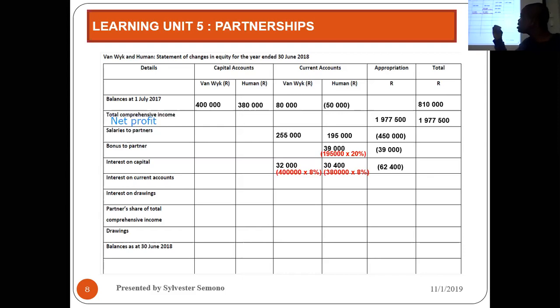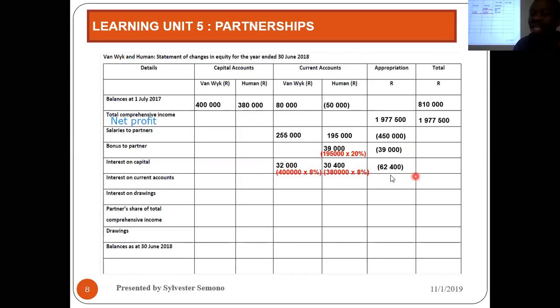So use the same technique that we've been using. We give the partners under current account, and we pay them out of what? Appropriation. That's what I'm doing. If you check here, we gave Funway 32,000, and we gave Human how much? 3,400.